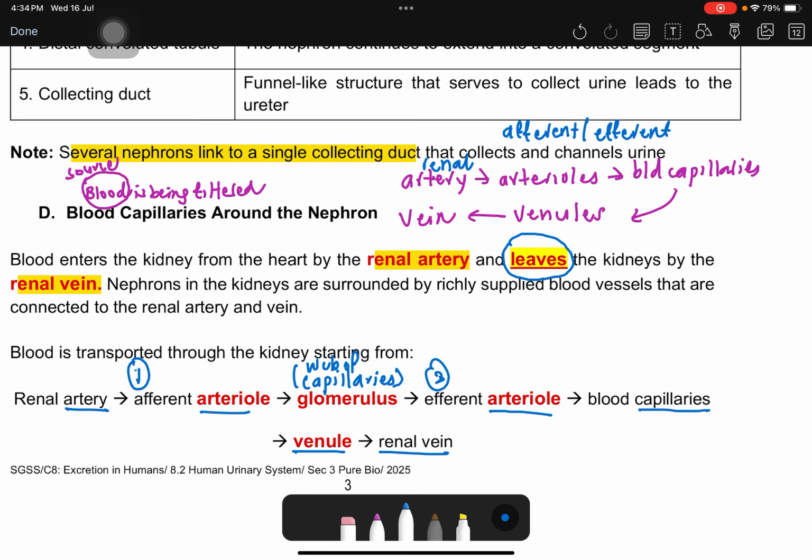It may not make sense at this point of time without a diagram, so let me show you a diagram to illustrate this. But whatever we have learned in the previous chapter still holds true. The blood capillary becomes venule, and then it will gather into a common renal vein where all the clean and filtered blood will be circulated around the body.